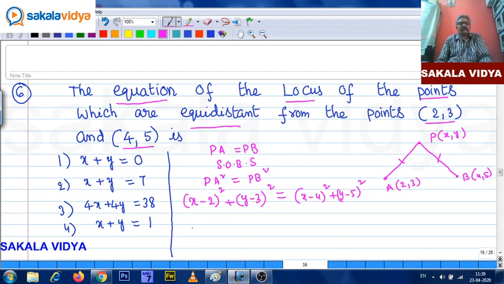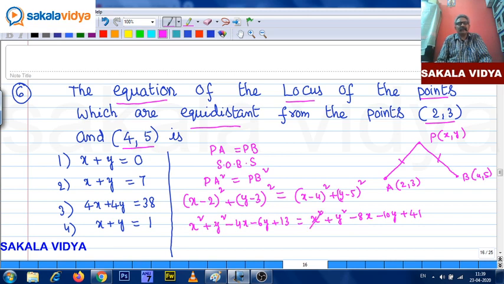So now we get x square plus y square minus 4x minus 6y plus 4 plus 9 plus 13 equals x square plus y square minus 8x minus 10y plus 16 plus 25 plus 41.